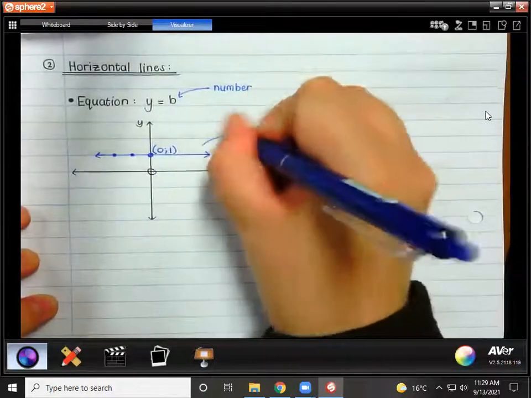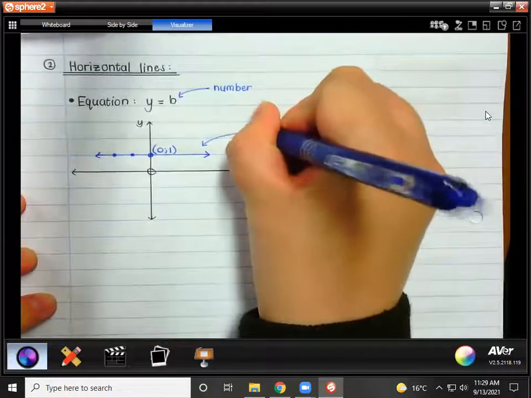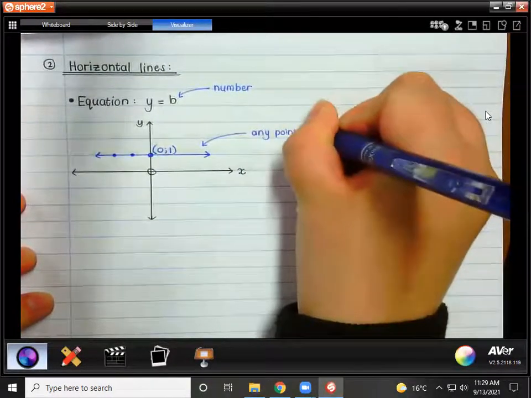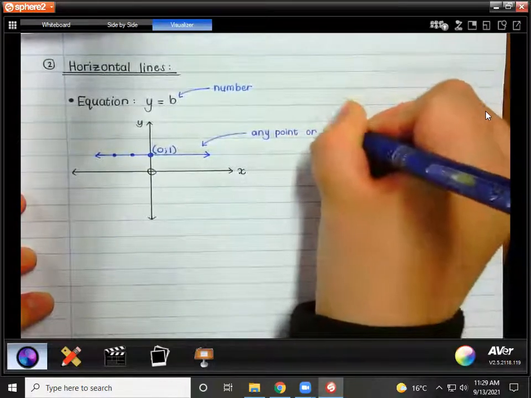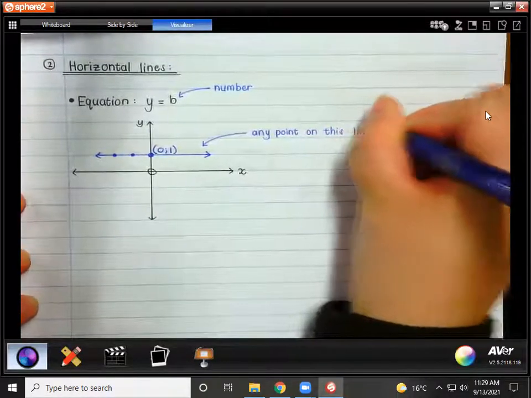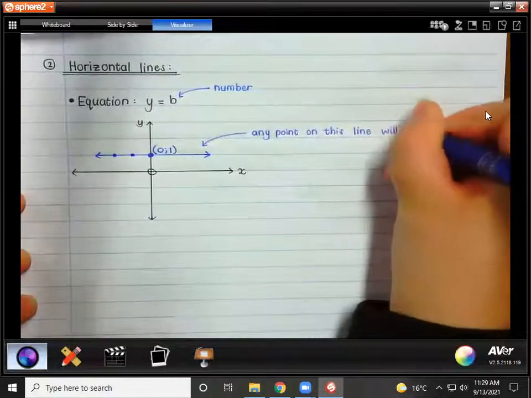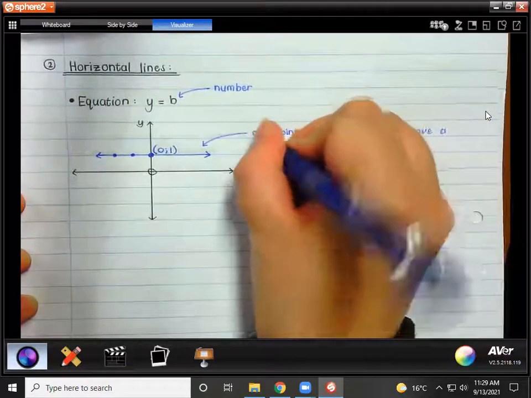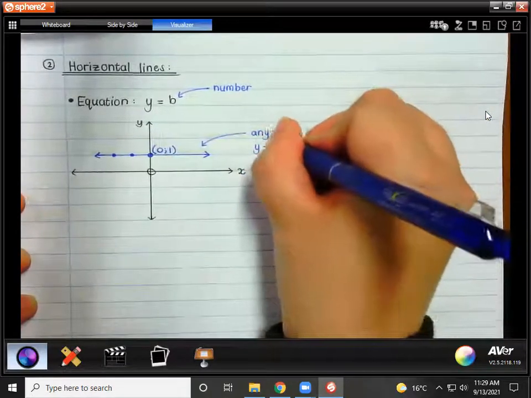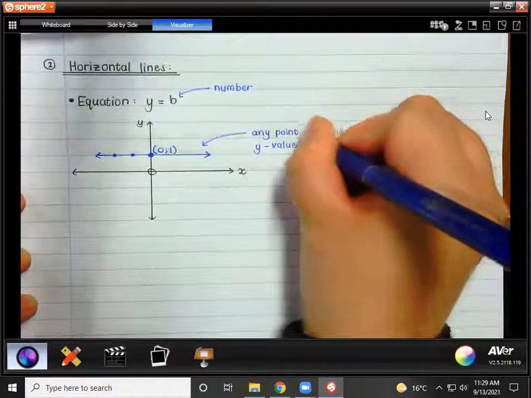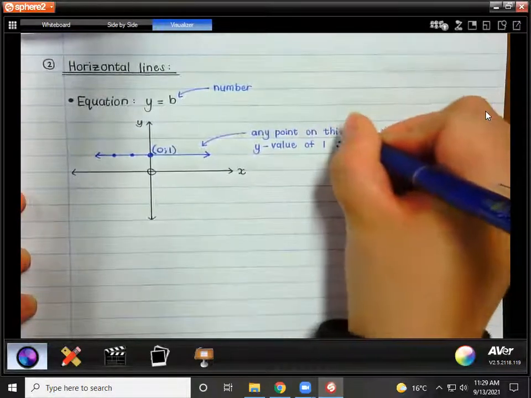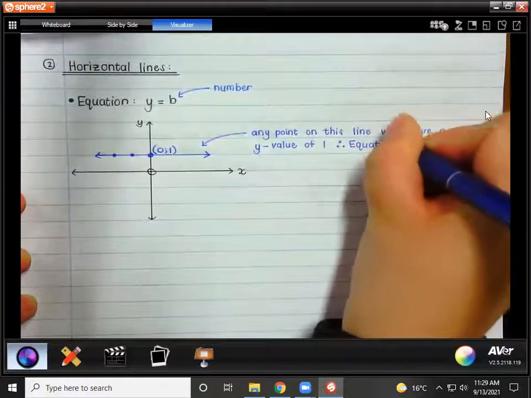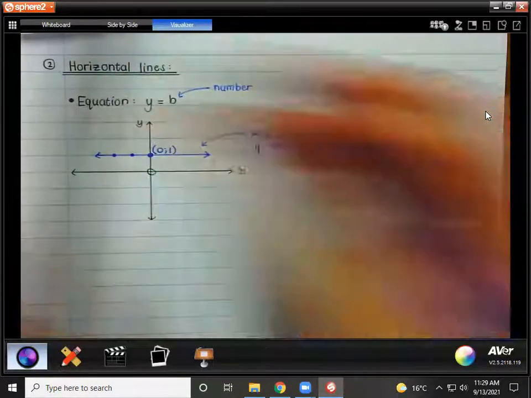So any point on this line will have a y value of 1. And because of that, the equation is, what do you guys guess? Y equals 1. Well done.